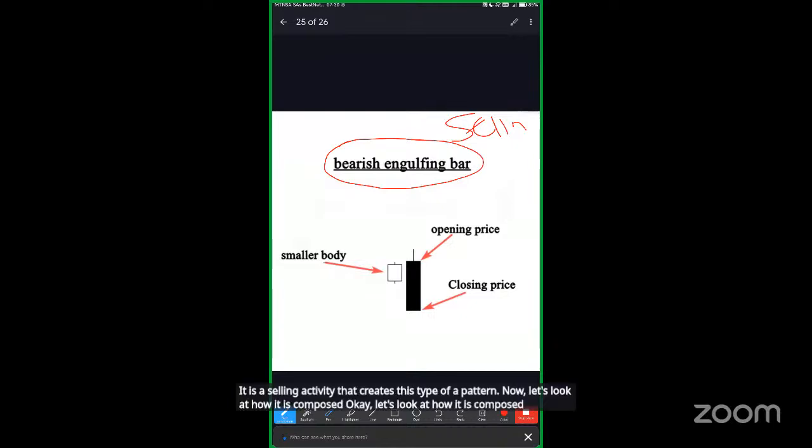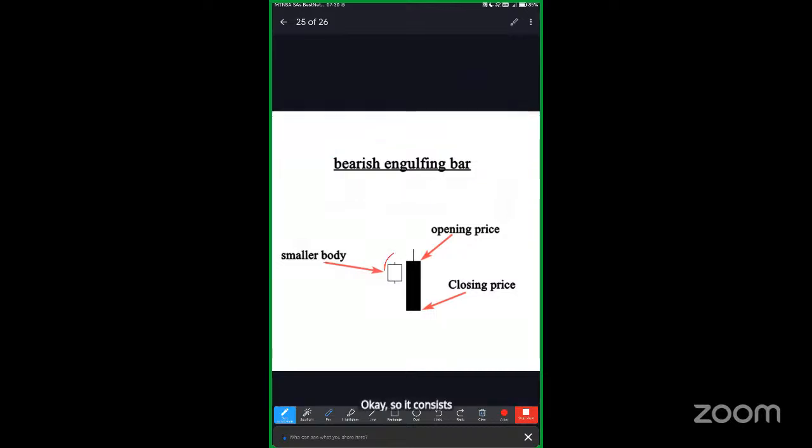So when you look at the bearish engulfing bar, it is one of the most common candlestick chart patterns that you are going to find in the market. It consists of 2 candles or 2 bars. Can you see we do have 2 candles here?